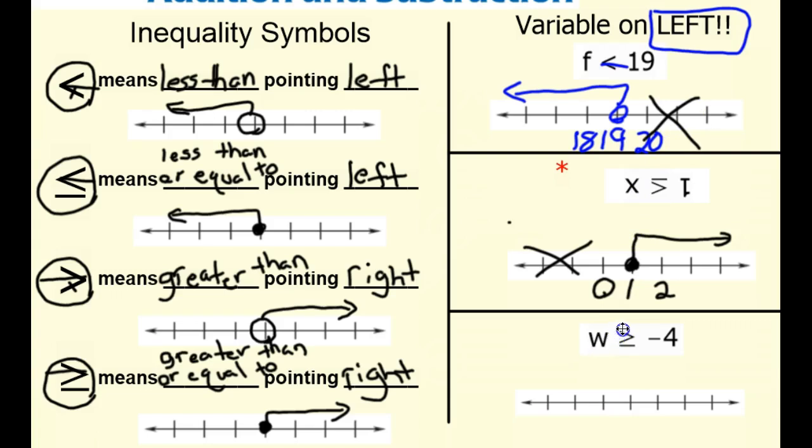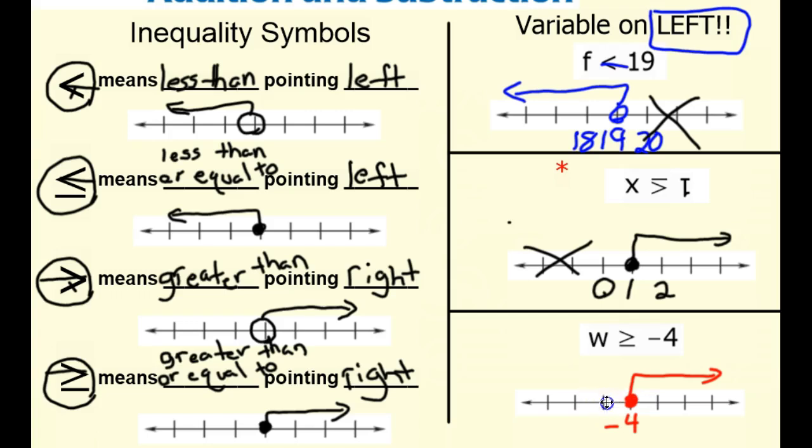Here we have w is greater than or equal to -4. So we can draw a closed circle because it's or equal to. The line is pointing to the right, so we draw our arrow to the right. What we have is -4, so we label that as -4. Now we put something on either side.